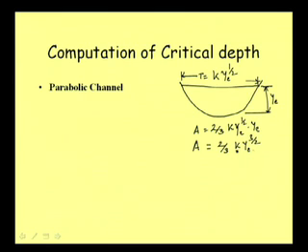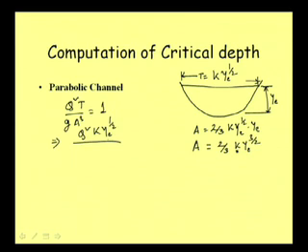So, using this expression, again if we start from the very basic relation, that is q square t by g a cube is equal to 1. If we start from that again, then what we can write: q square, and t, top width, is nothing but k yc to the power half.